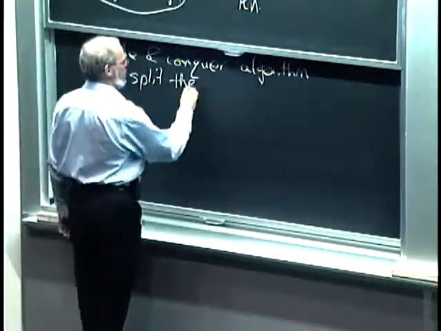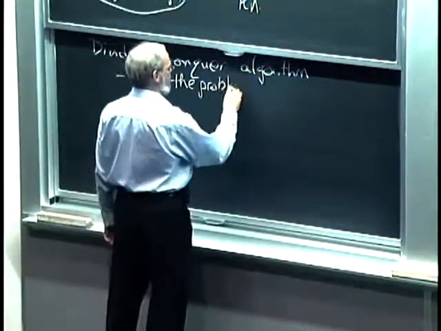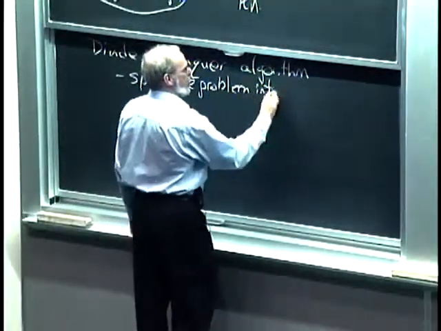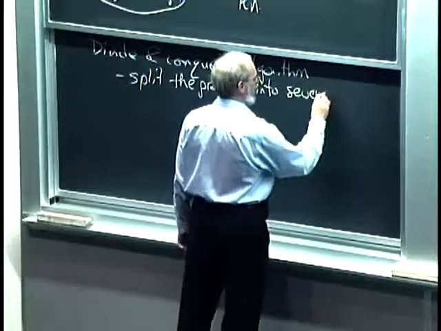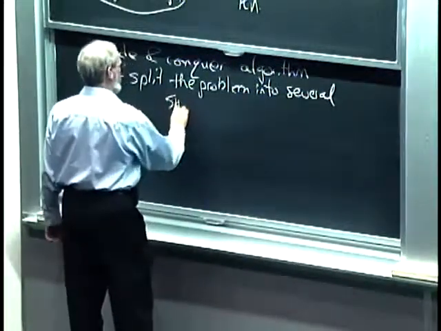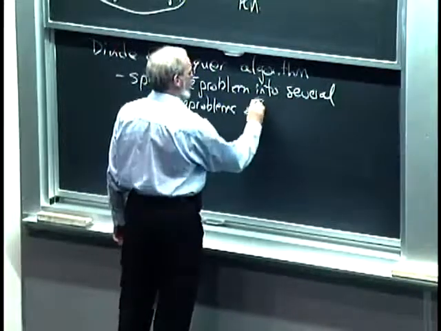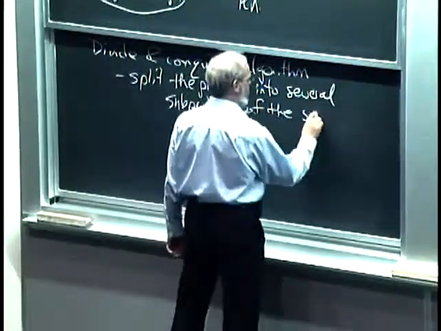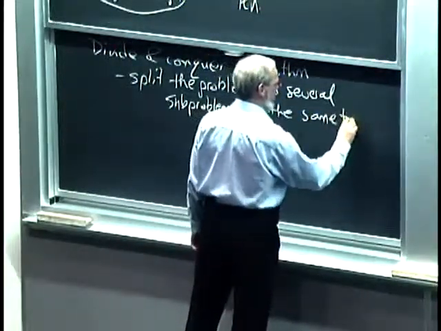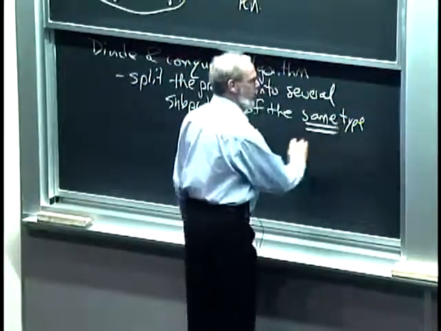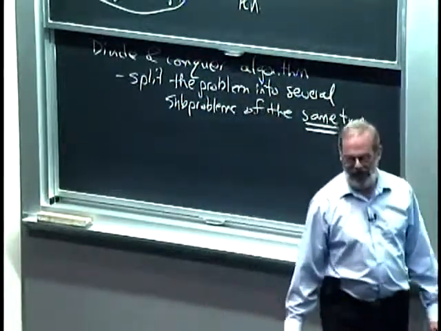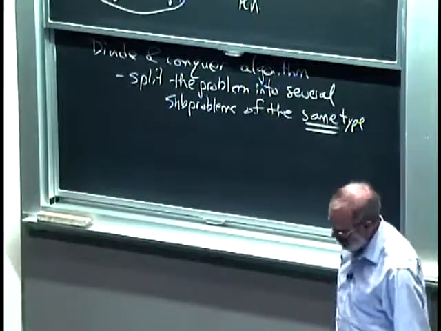Split the problem into several subproblems of the same type. Okay, I'll come back in a second to how binary search matches in that, but that's what we're going to do.